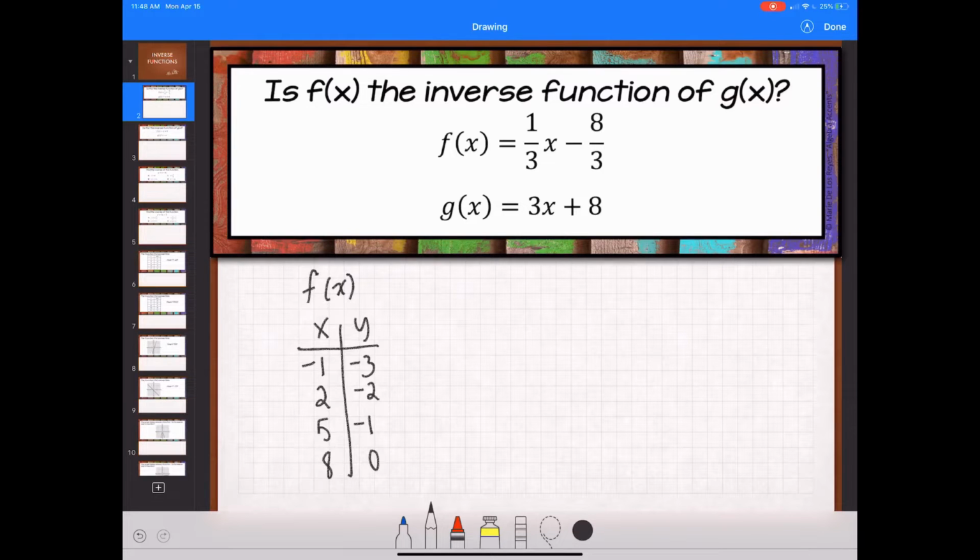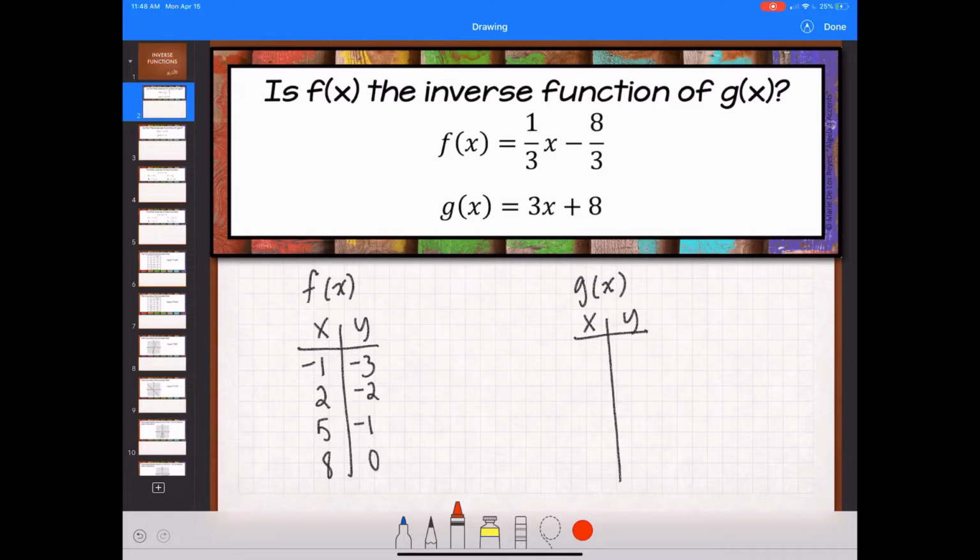Okay, now I'm going to go back to my y equals and enter in the g of x function so I can get another table of values. So I'll type in 3x plus 8, check my table. Now, when I'm checking my table, this is what I'm looking for.